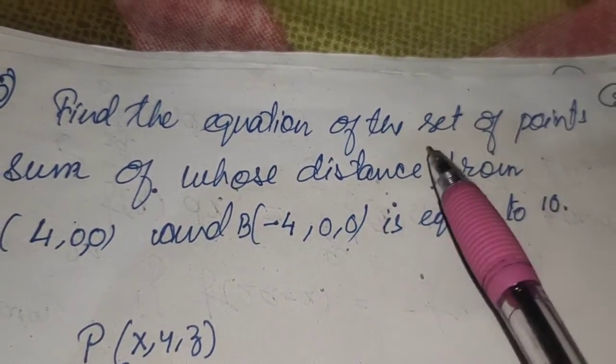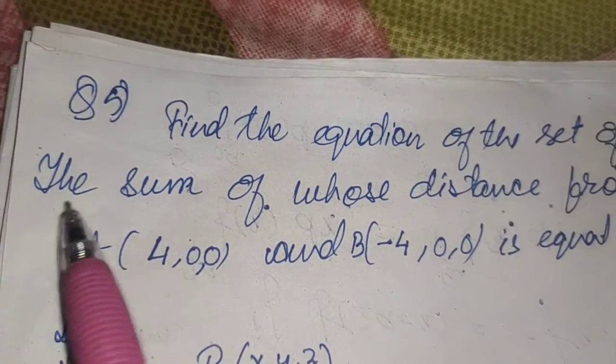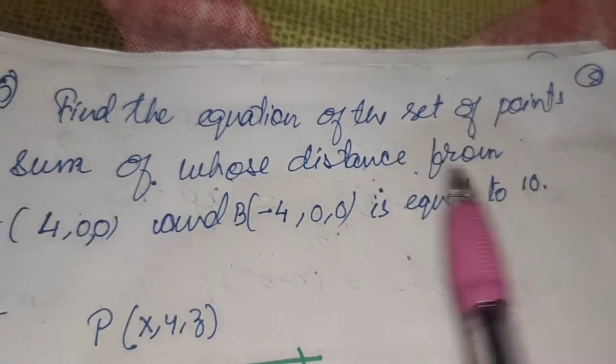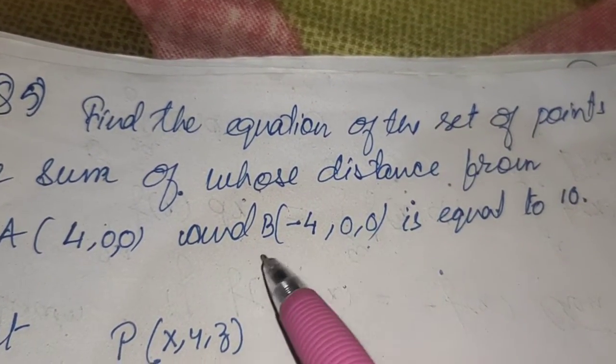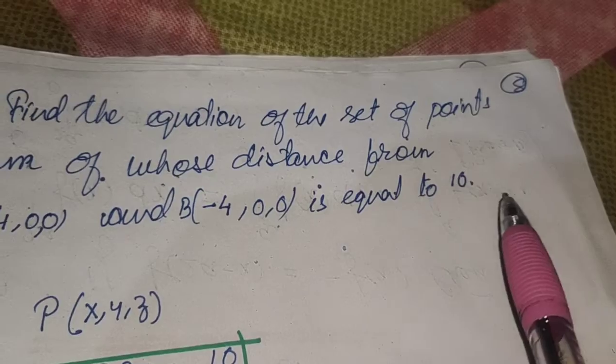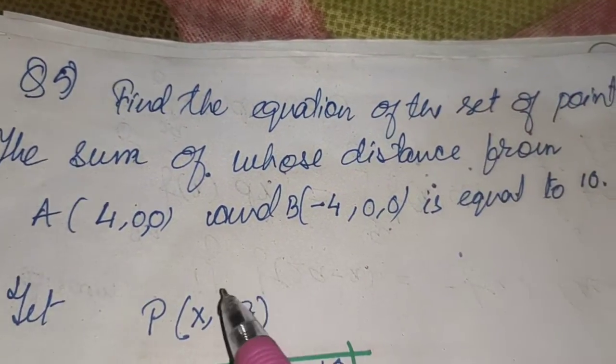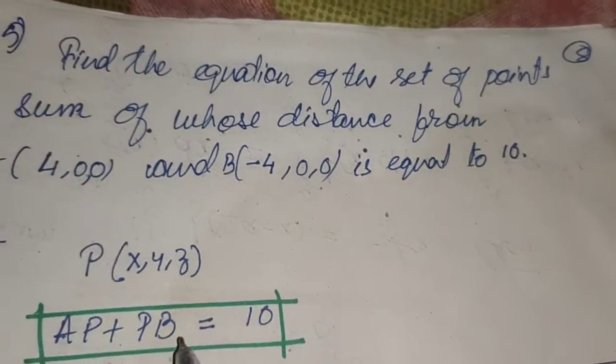Find the equation of the set of points, the sum of whose distances from the points A (4,0,0) and B (minus 4,0,0) is equal to 10. So that means we have to consider a point.